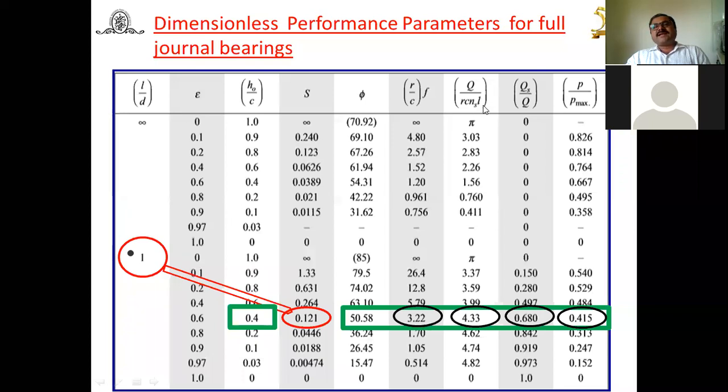Then Q upon R C N L, the flow variable, is 4.33. So you can note down R by C into f equal to 3.22, Q upon R C N_s L equal to 4.33, Q_s upon Q equal to this, and P upon P max equal to this. By referring to this chart, you have to note down all these variables.